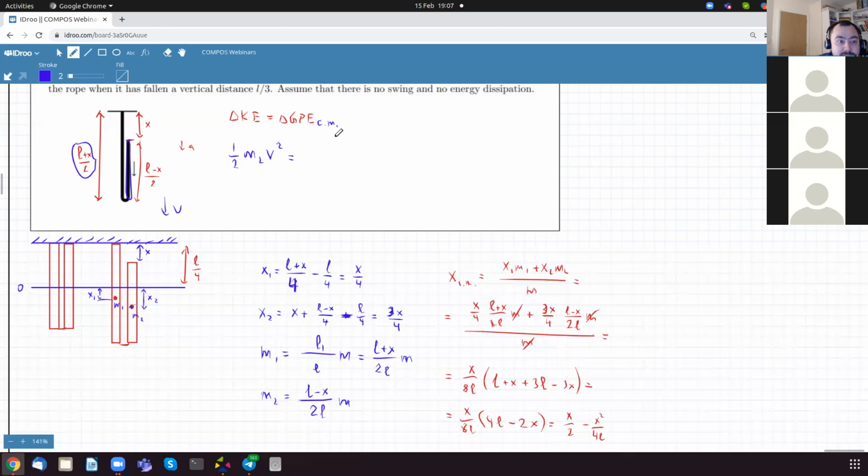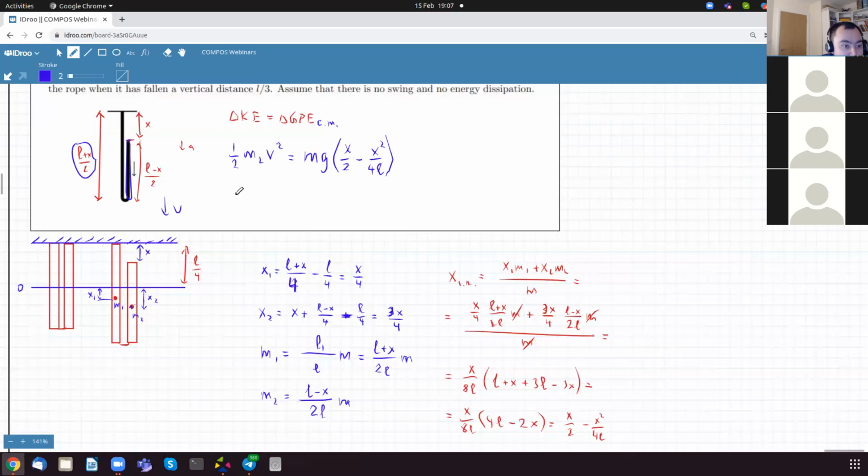So we need mg and then this expression, x over 2 minus x squared over 4l.